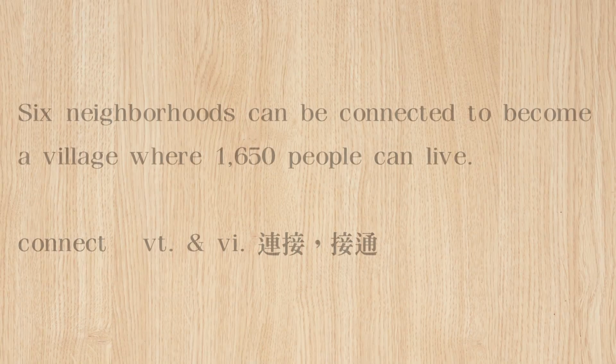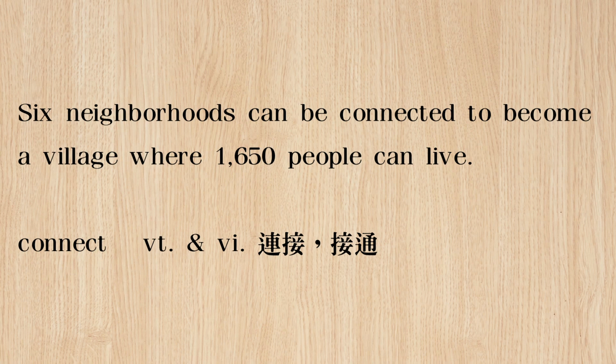Did you write down to hold or to keep above house yet? Write that down, students. Six neighborhoods can be connected to become a village where 1,650 people can live. Remember, above live, write a little long I. This is the verb live, not the adjective live.